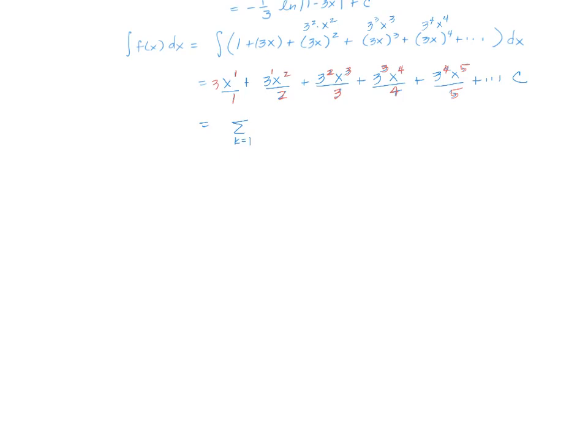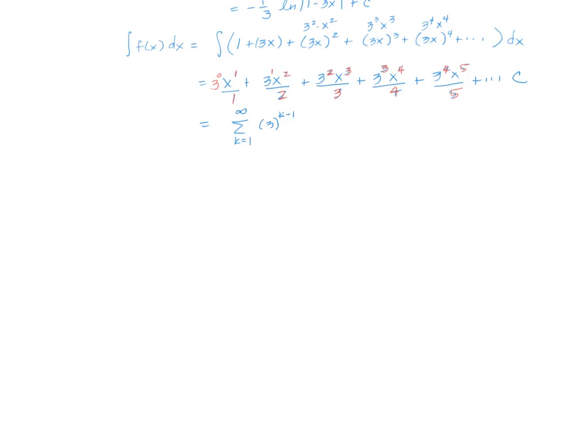Also notice if I write this as 3 to the 0 in the first term, then my exponent on 3 would be k minus 1, or is it k plus 1? And it looks like it's 3 to the k minus 1.